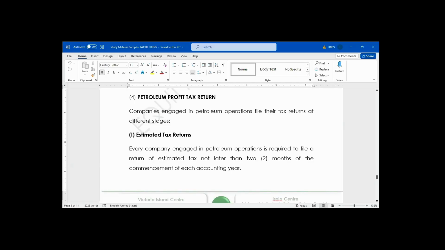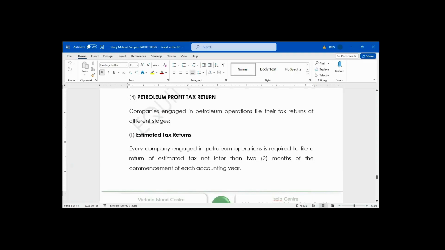And how do those companies file petroleum profit tax return? It is filed based on estimated return first. They file two types of petroleum profit tax return. One is called estimated return, which is filed at the beginning of the year, at least 2 months from the date of commencement of the accounting year.